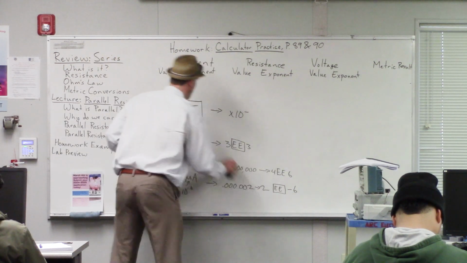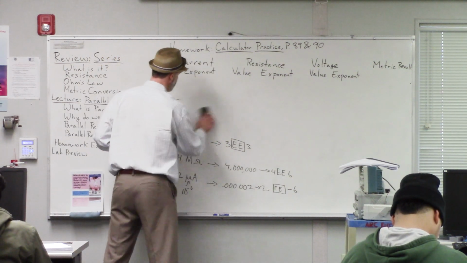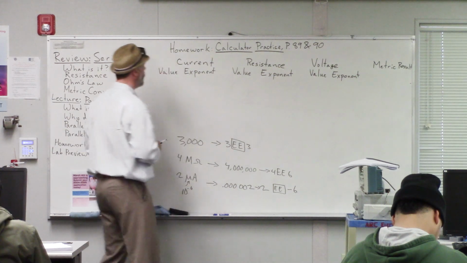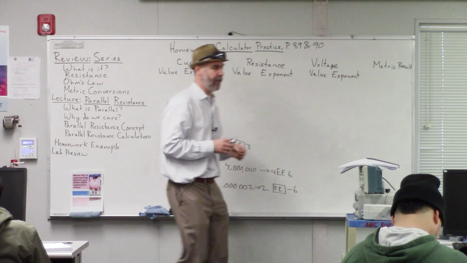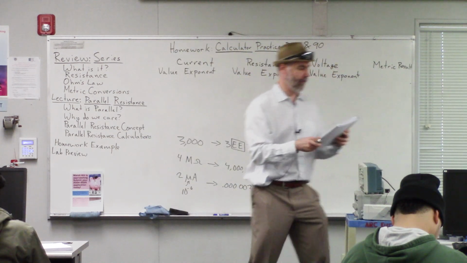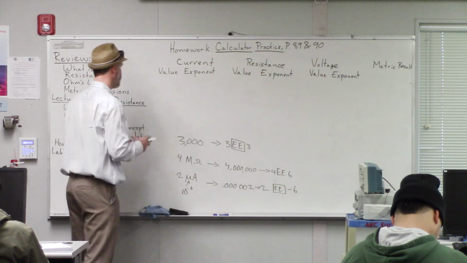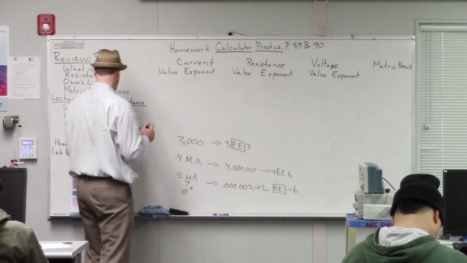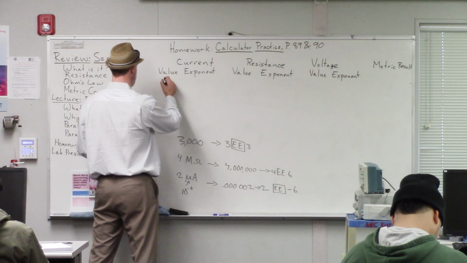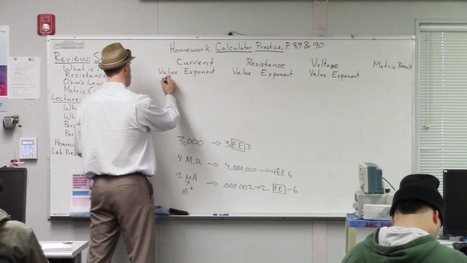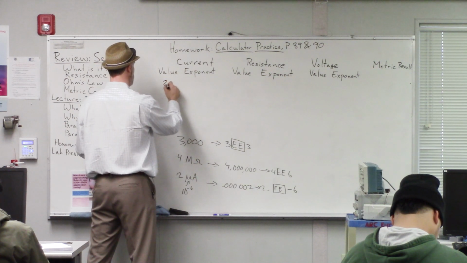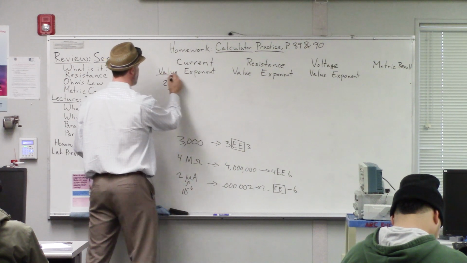So for this homework, what we're doing is using Ohm's law with big and small numbers, okay? So for this first problem, we're given a current of 2 microamps.